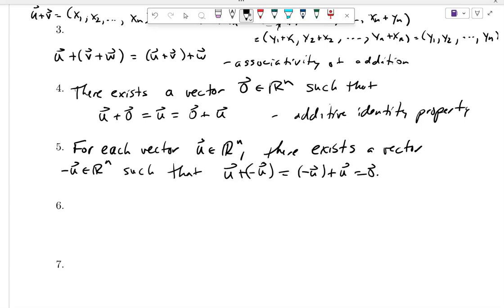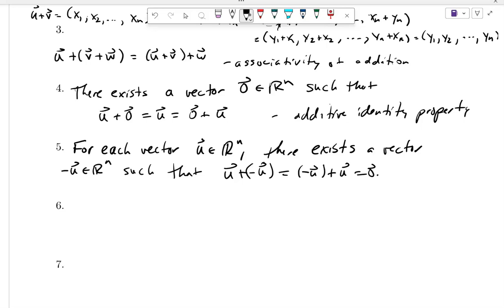Basically all this says is that I have to be able to undo addition, which you're used to doing when you solve equations, right? I need to be able to undo whatever the addition was. That's all that says.